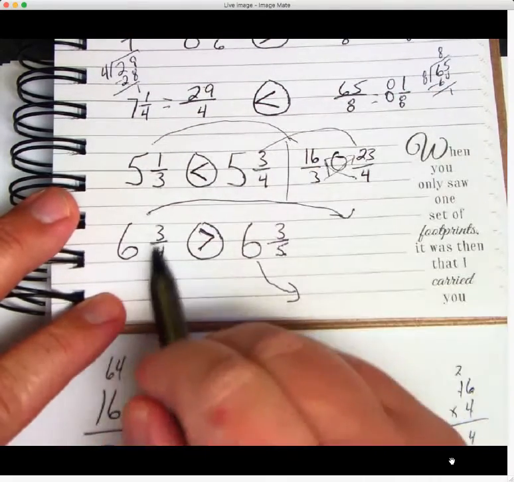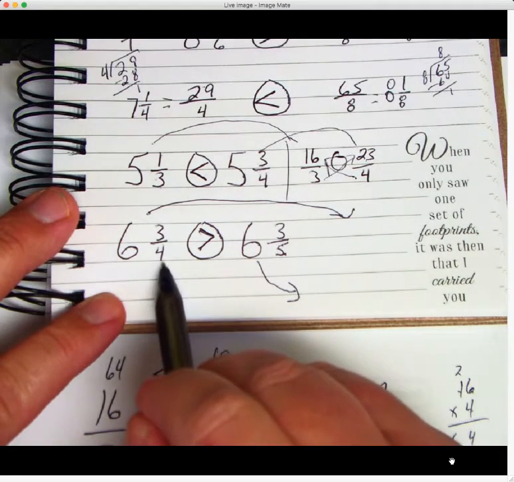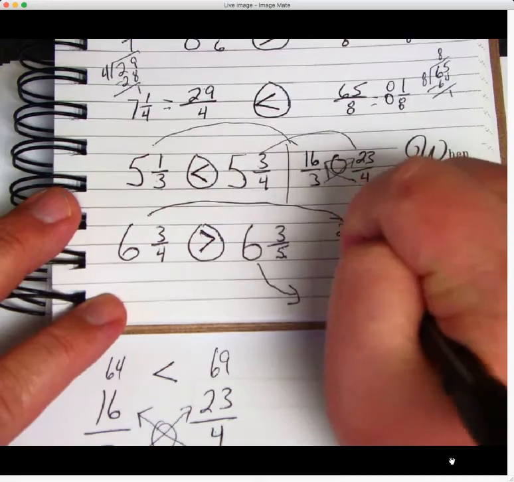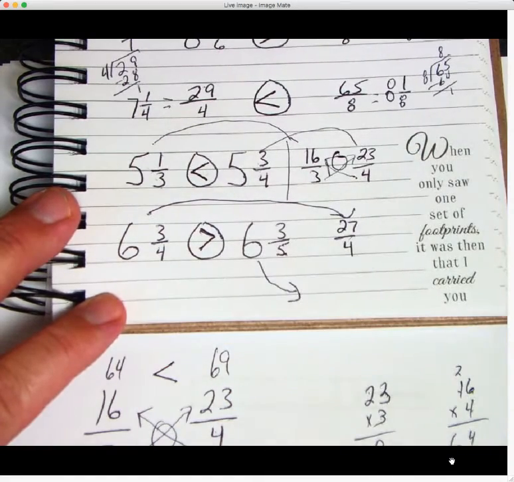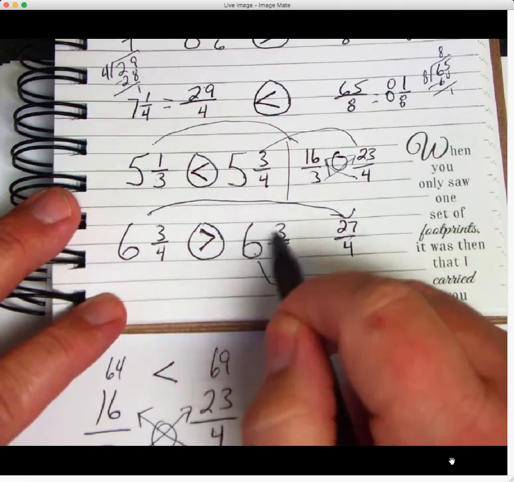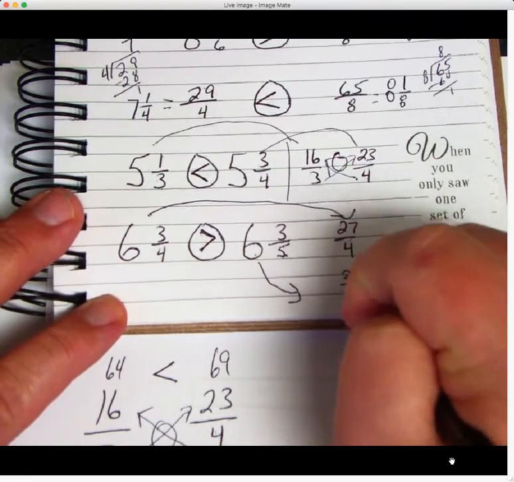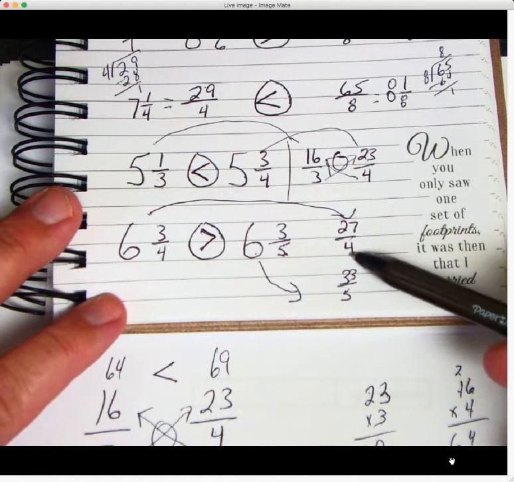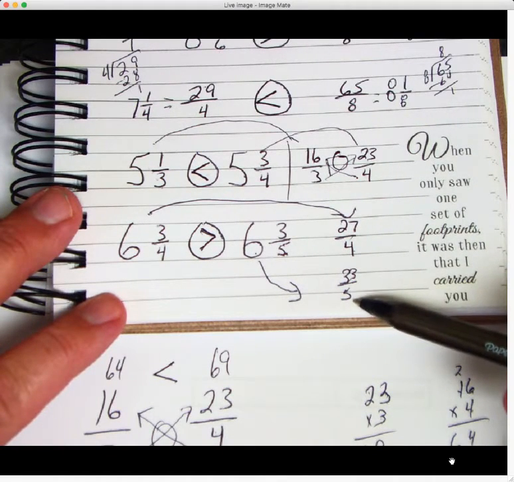Okay, so let's take 6 3/4. 4 times 6 is 24, plus 3 is 27/4. 6 3/5, 5 times 6 is 30, plus 3 is 33/5. All right, so we're comparing 27/4 and 33/5.